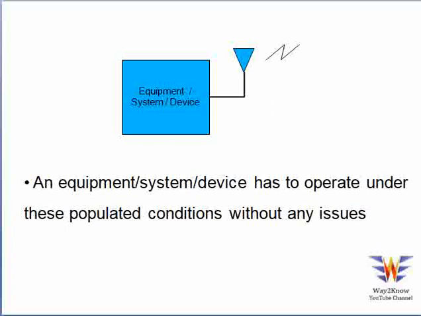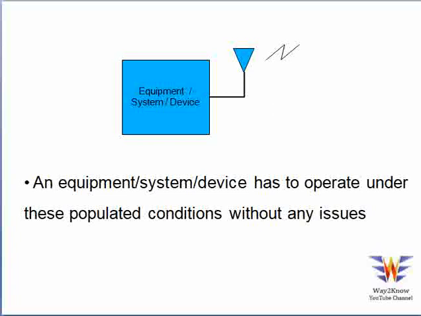Now what happens is these devices, when we make them complex, when we turn them into wireless devices, these guys have to operate in an environment which is populated with many other such devices or different devices which are emitting the radiations, right?